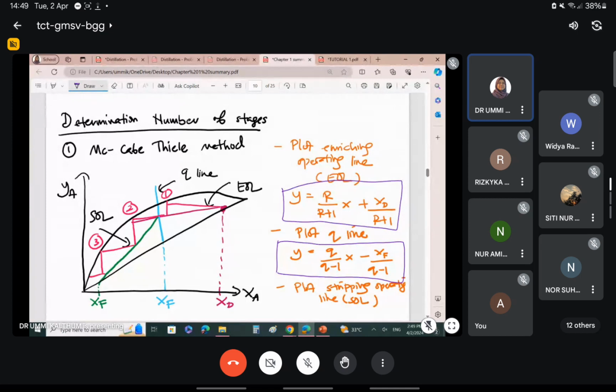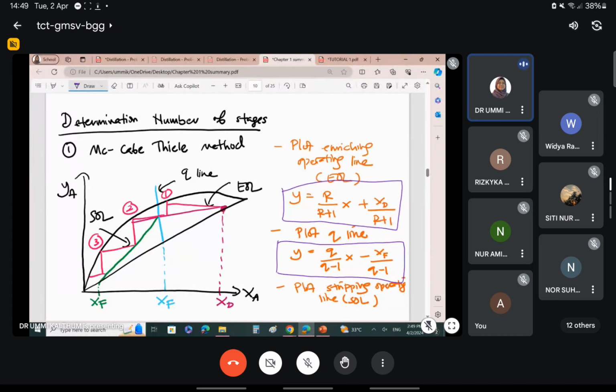Okay, dia ada macam-macam jenis q. Contoh, q masuk dalam bentuk apa? Siapa tahu? q enter at boiling point. Okay, feed enter at its boiling point. Okay, maksudnya feed is saturated liquid.